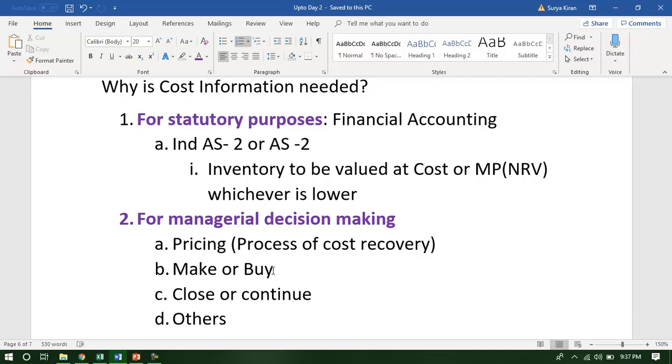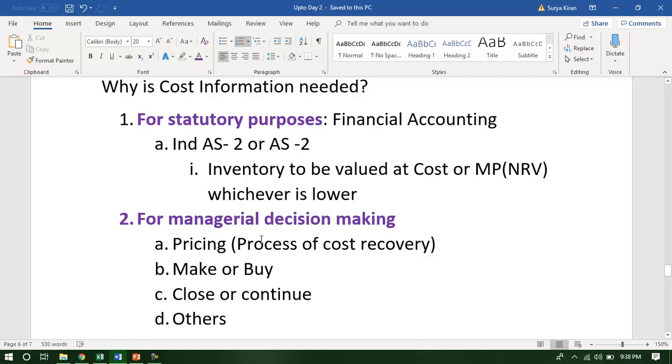To answer these questions, we need to find cost. And this information is not just for the shareholder, but for the management. So, it is not necessary to strictly follow AS 2 or Ind AS 2. There is managerial discretion. The options are there, choices are there.